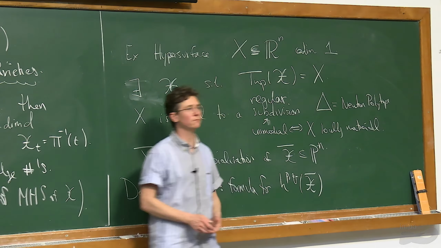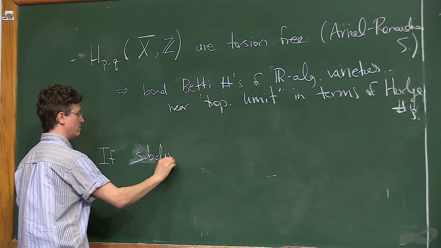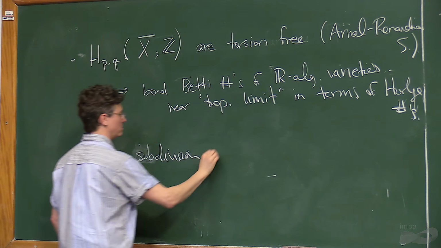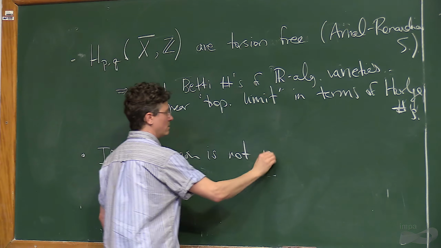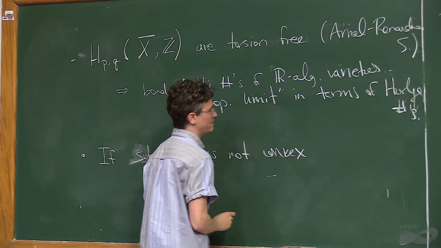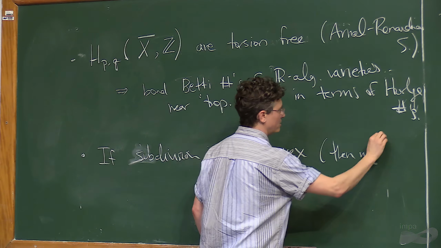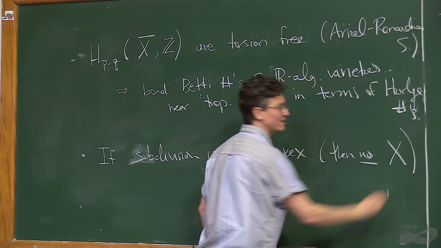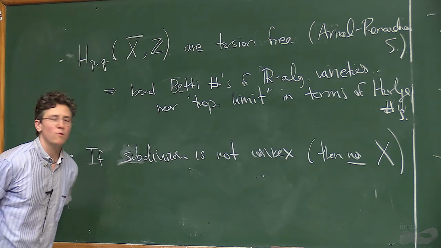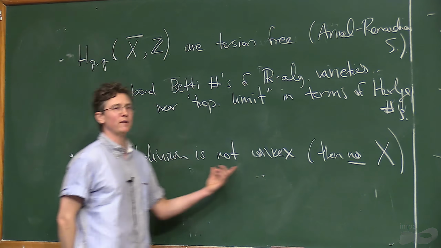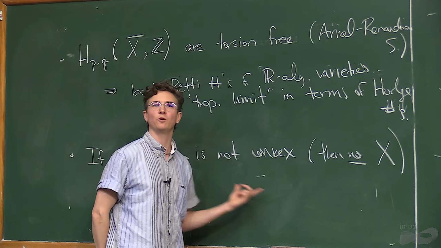What is very strange but combinatorial is that if delta is a subdivision that is not convex, so there's no tropical hypersurface X involved, we can still define on this subdivision something like tropical homology.